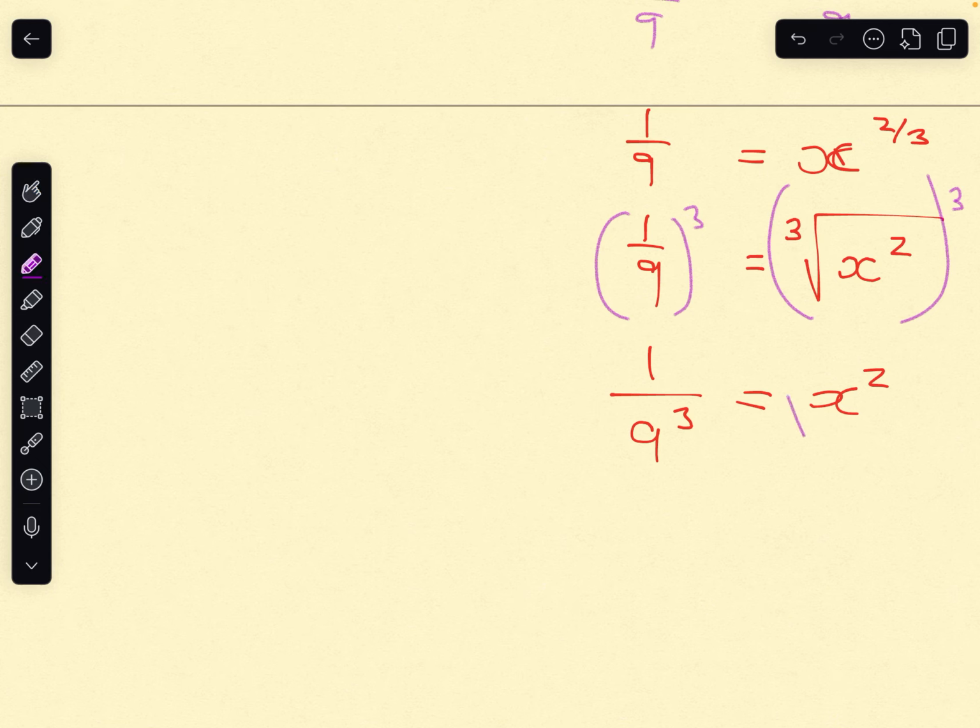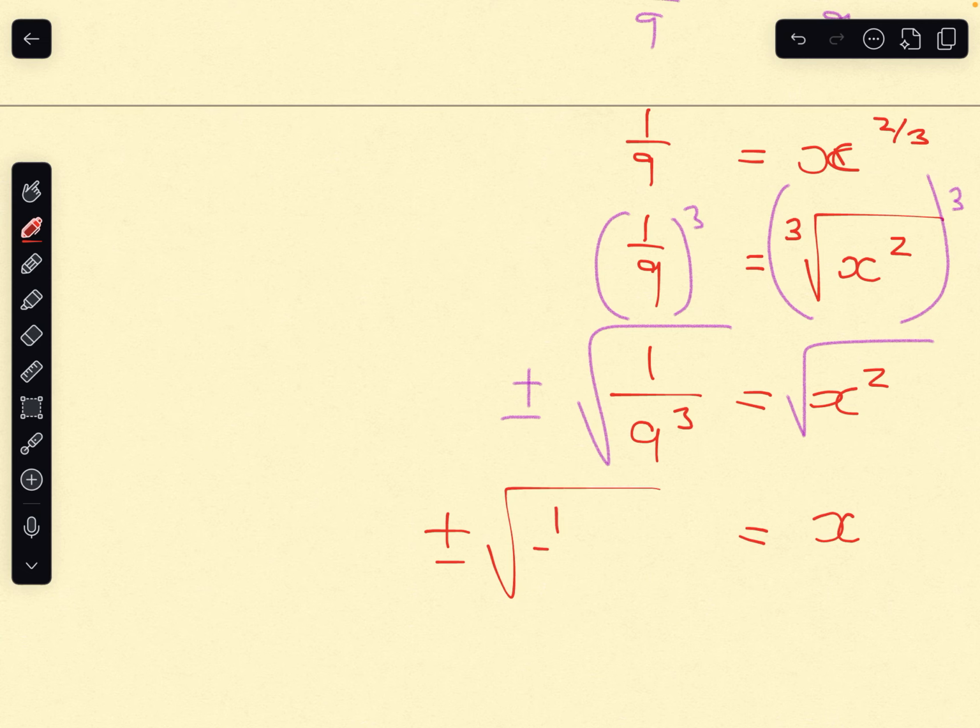If we go the route of taking the square root on both sides, we would have to consider both the positive square root and the negative square root, right? So x would be equal to plus or minus... 9 to the 3 is the same as 3 to the 6, right? 9 to the 3 is the same as 3 squared to the 3, which is the same as 3 to the 6.